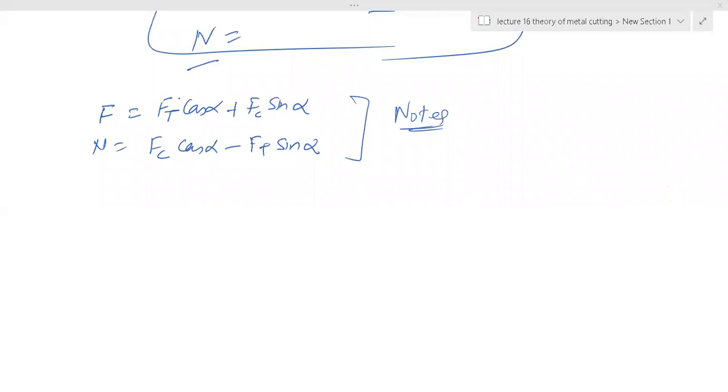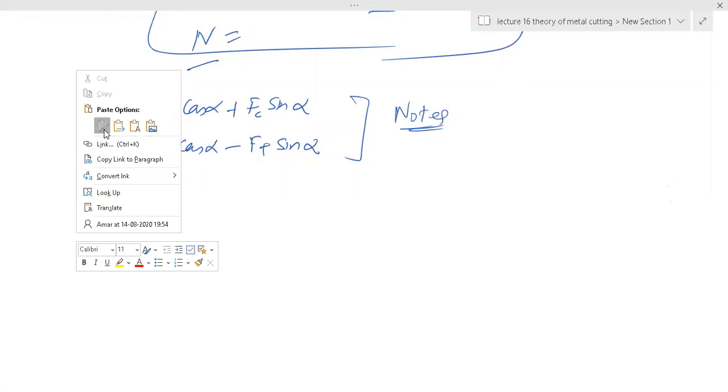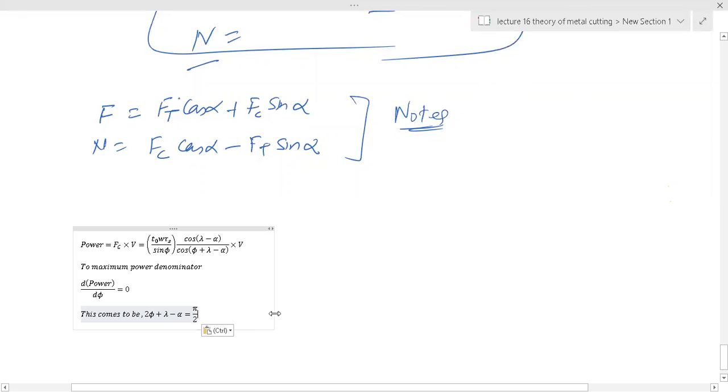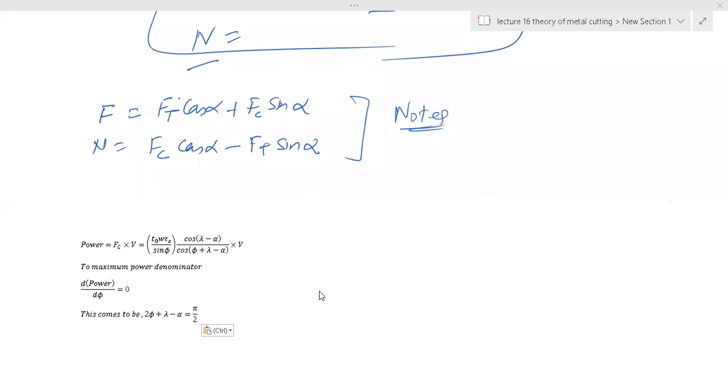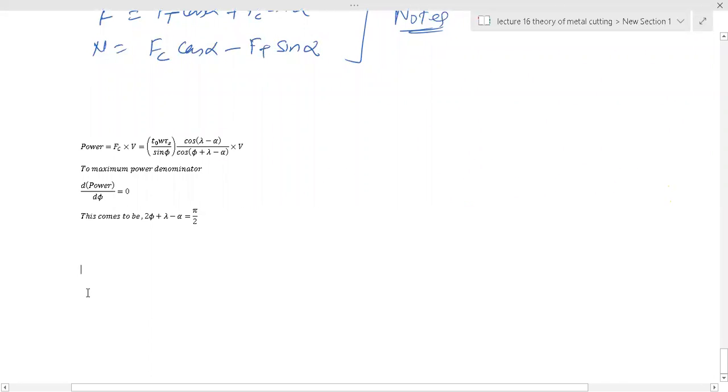The picture is not clear. Anyway, the picture is not clear. Let me copy the content.